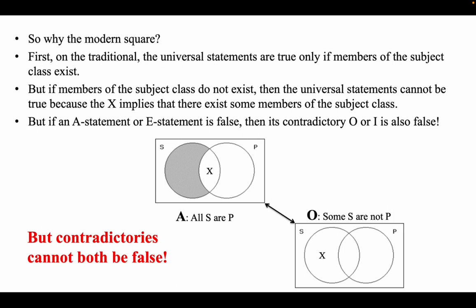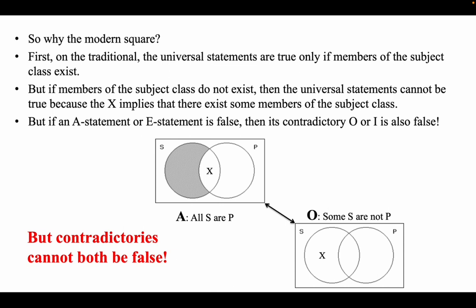So, if members of the subject class do not exist, then the universal statements A and E cannot be true, because remember that the X inside the universal statements in the diagrams implies that there exists some members of the subject class.